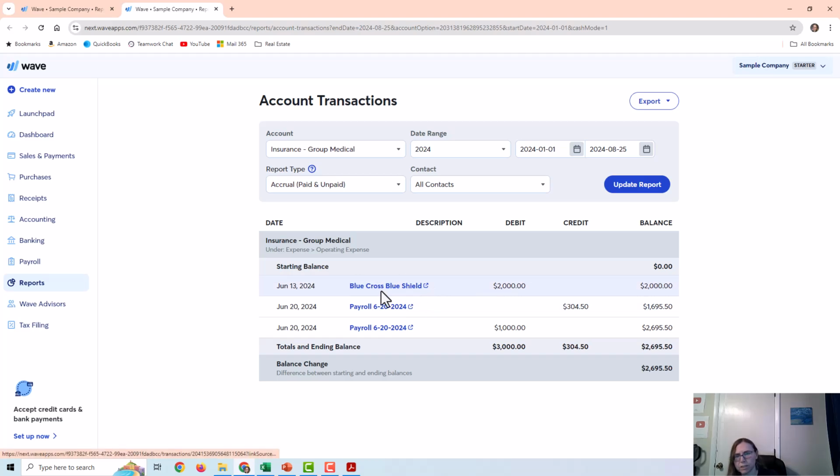In the first video, I did an example where they paid Blue Cross Blue Shield for health insurance, but in this video, we just made it part of the payroll. And then you would subtract, or credit, for any employee contributions towards that cost. So the net would be the difference between what the employer paid minus the employee contributions.